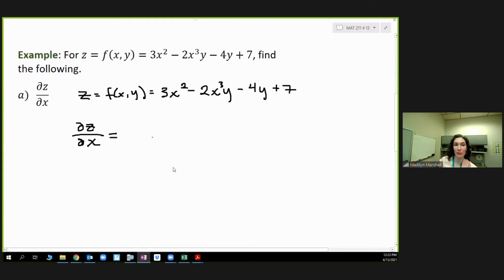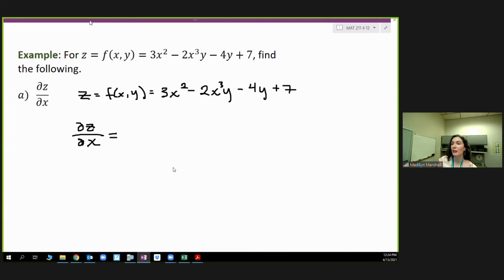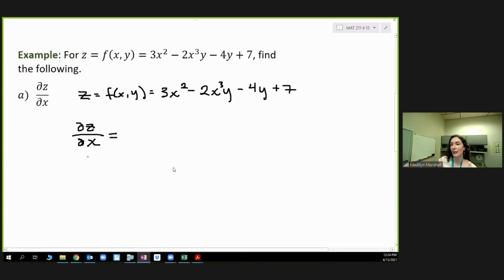So this is just going to be a power rule problem. The tricky thing is to remember that since we are focusing on x here, y is nothing. y might as well just be a 1 or a 2 or something. It's still there, it still exists, but it is acting just like a regular constant number.